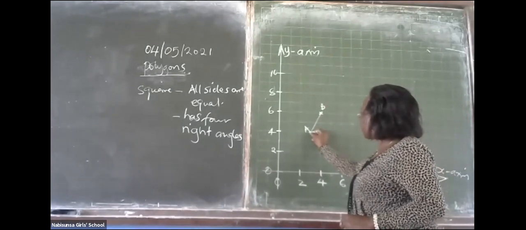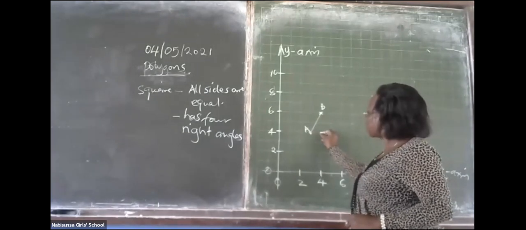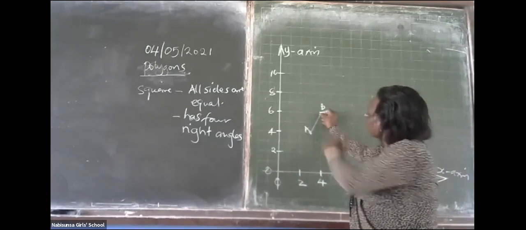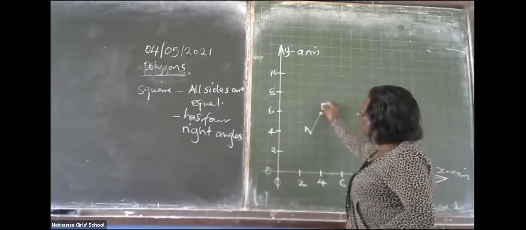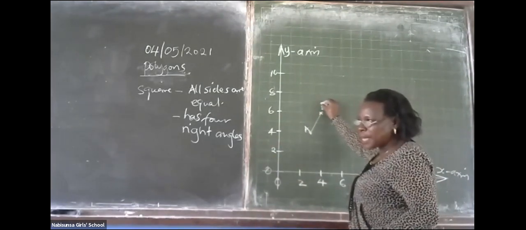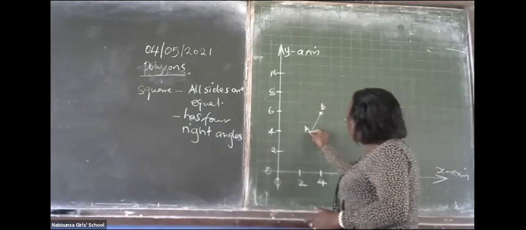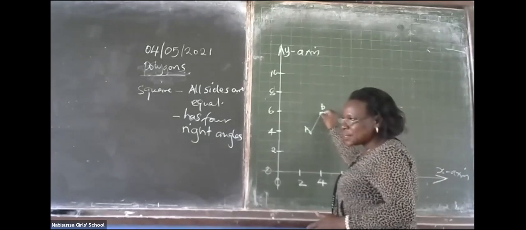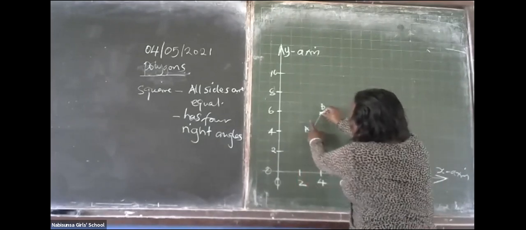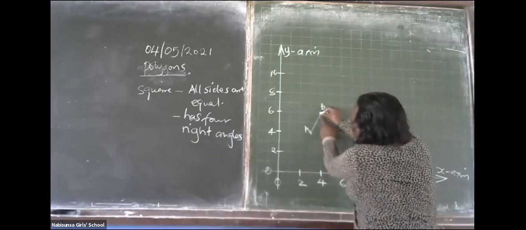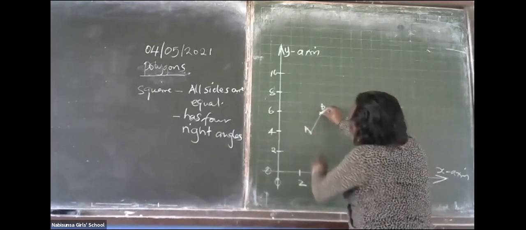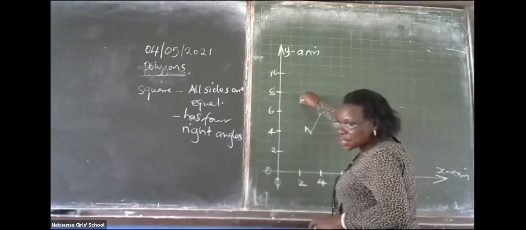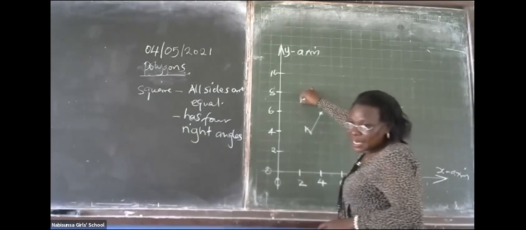Here, from A to B, we are moving 1 step across, 2 steps upwards. If we are to make an angle of 90 degrees, we shall move 1 step upwards and 2 steps across in order to obtain an angle of 90 degrees.